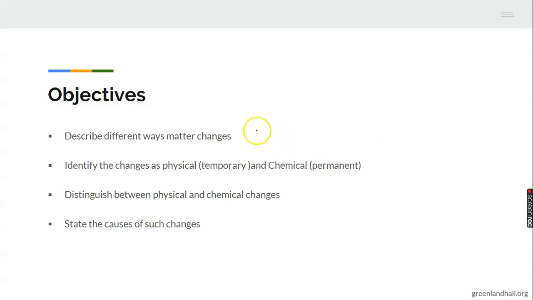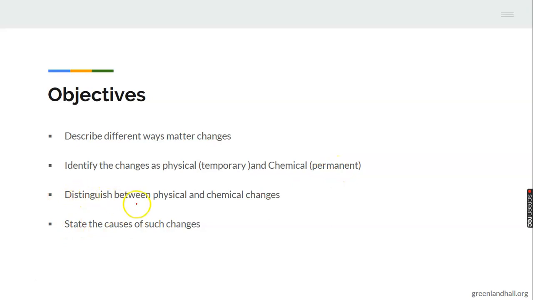The objectives for this topic: at the end of this class, we should be able to describe different ways matter changes. The second is that we should be able to identify the changes as physical, the same thing as what we call temporary change, and chemical change, which is called permanent change.